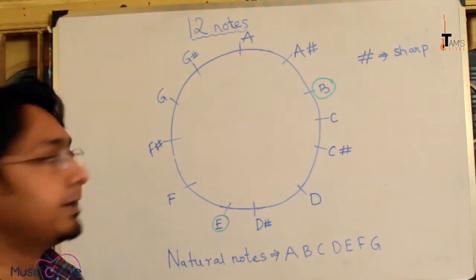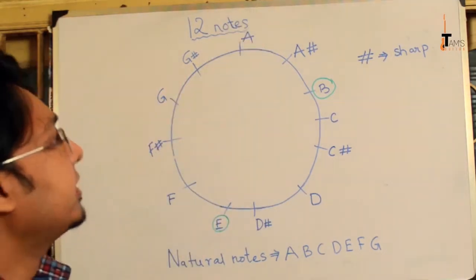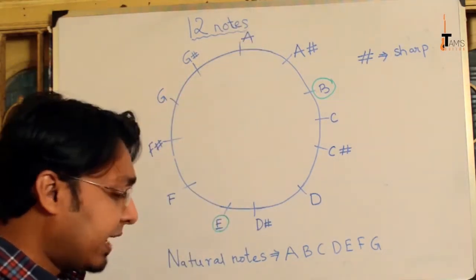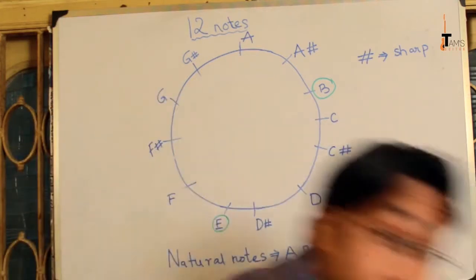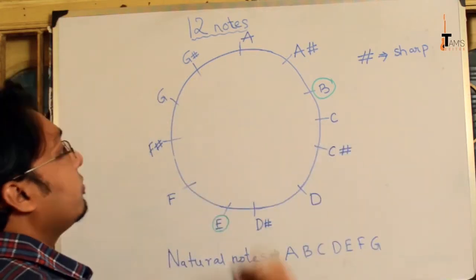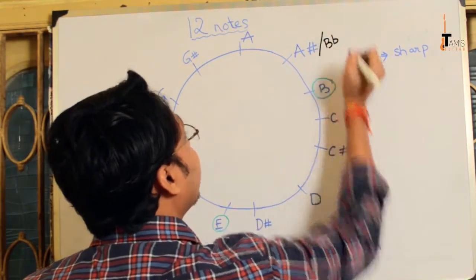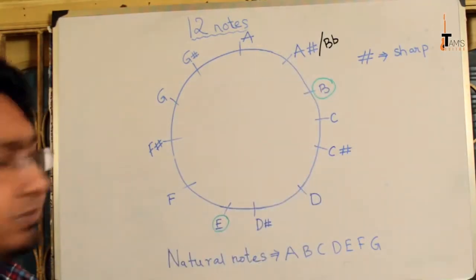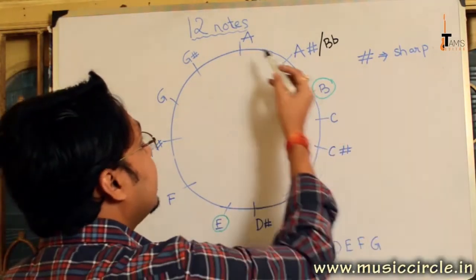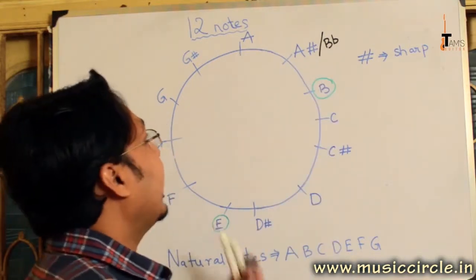Okay, and the notes that have got sharps in them can also be named as flats. So we can write it as B flat. Same note having two different names. A sharp and B flat are exactly the same note.